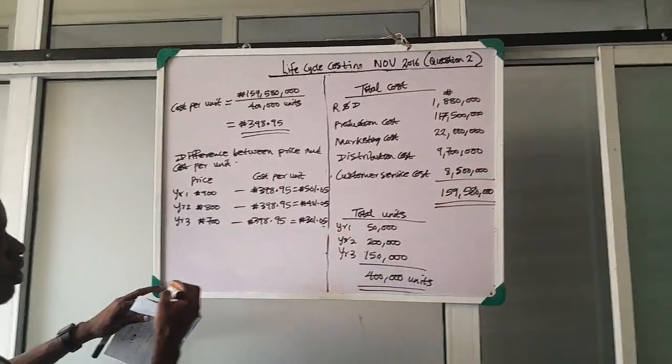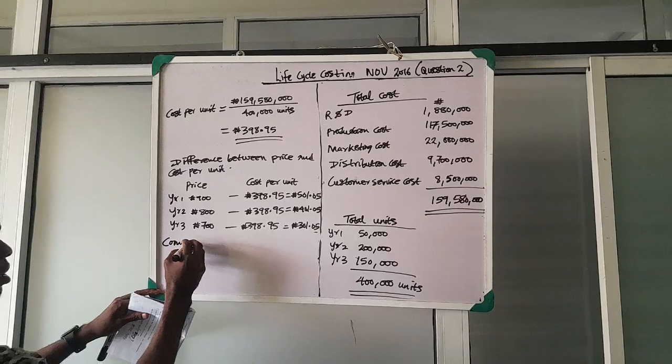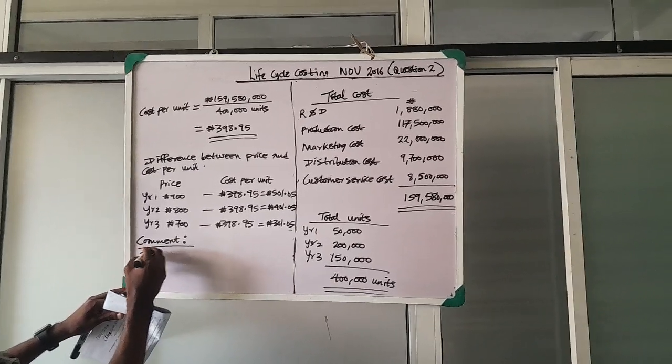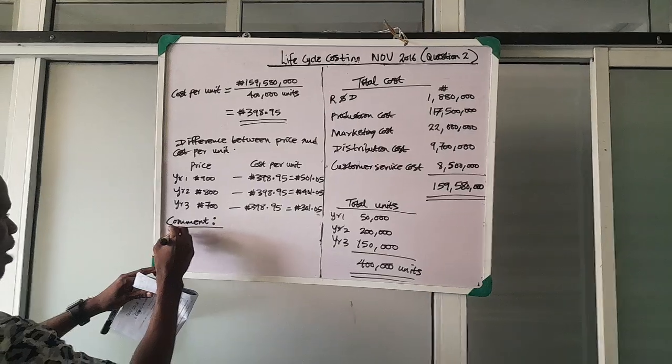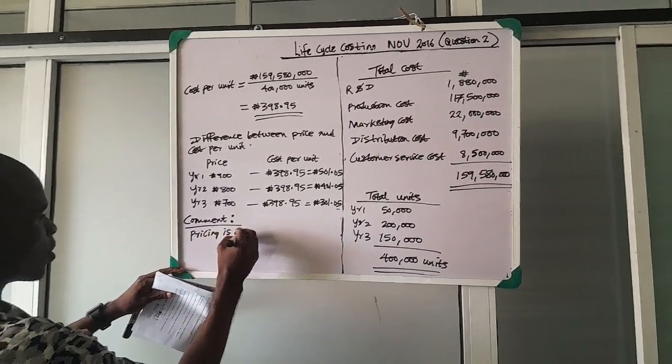So the cost is always expected to be lower than the pricing. So for each of the 3 years here, our comment will be, for the 3 years, pricing is appropriate.